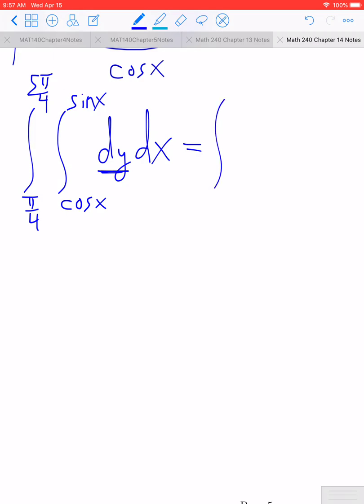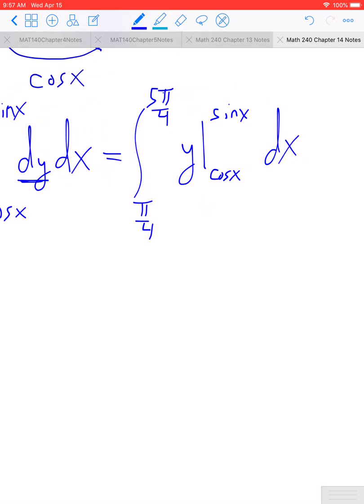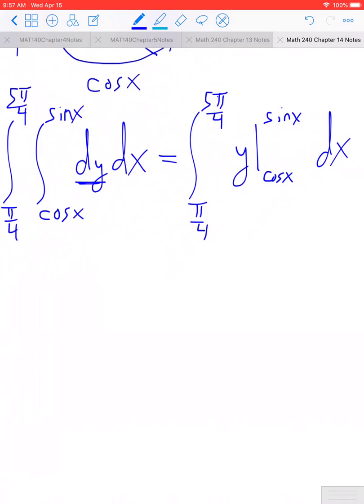This is going to be the integral from pi over 4 to 5 pi over 4 of y, and that needs to be evaluated from the cosine of x to the sine of x, dx. If I substitute that in, I have the integral from pi over 4 to 5 pi over 4.